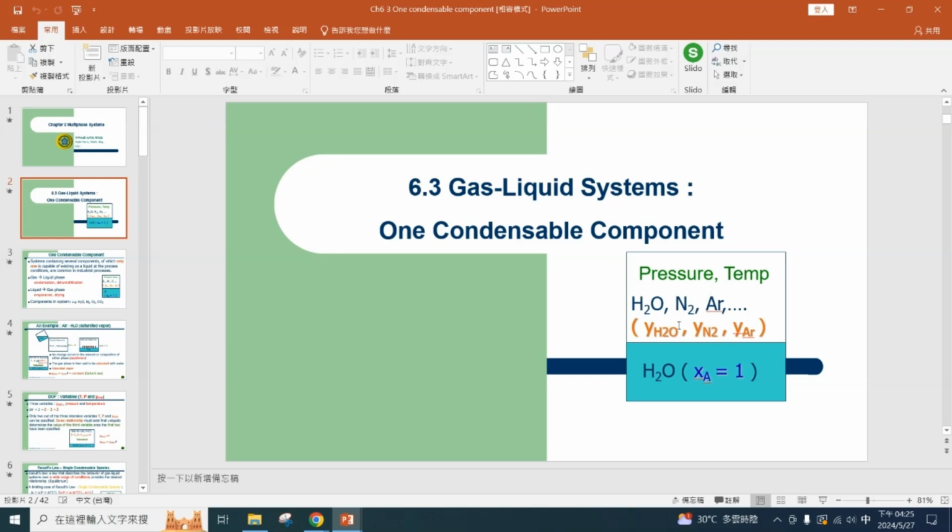If you have many types of gases in a gas phase, for example nitrogen, argon, oxygen, carbon dioxide, and only one condensable species, which is water, this is the topic we are going to talk about in section 6.3.